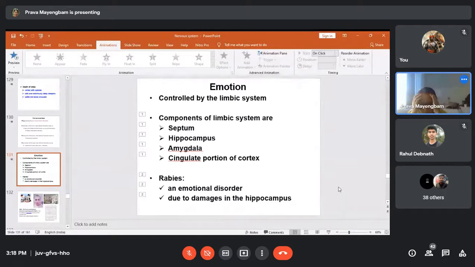It can be a cat, it can be any animal. The virus is excreted in the saliva. When a rabid animal bites another animal, it can be a human being, a mouse, a rat, a dog, a tiger, any animal, the rabies virus will enter through that cut injury.